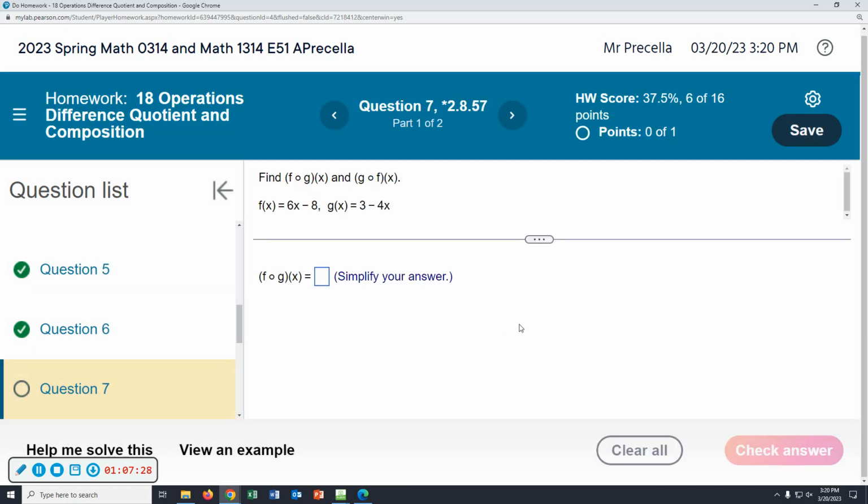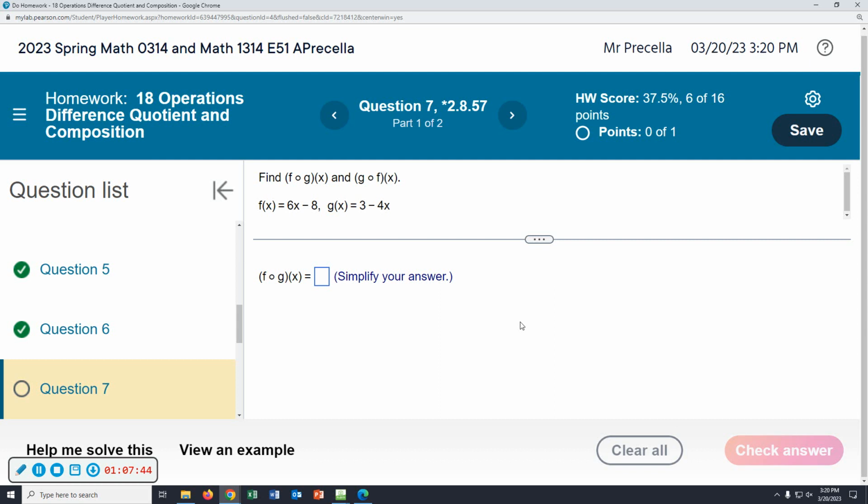I'm wanting to get to, okay, so problem number 7. It says, let me write this one out. It says find f of g of x and g of f of x, or fog x and gof x.